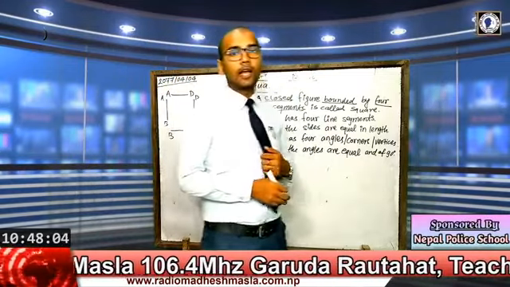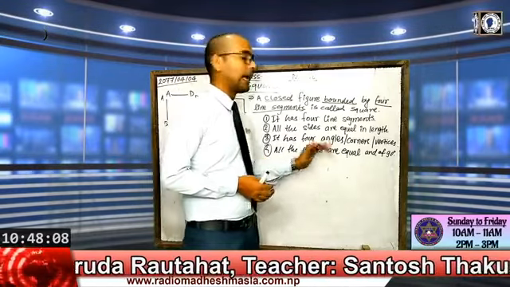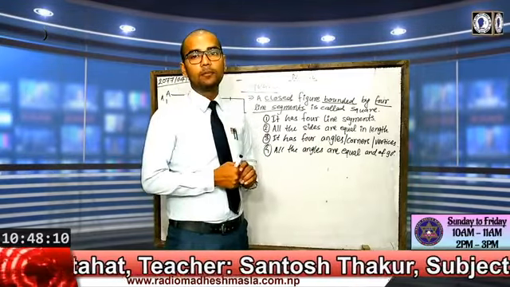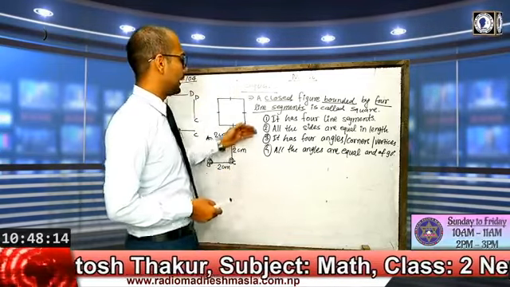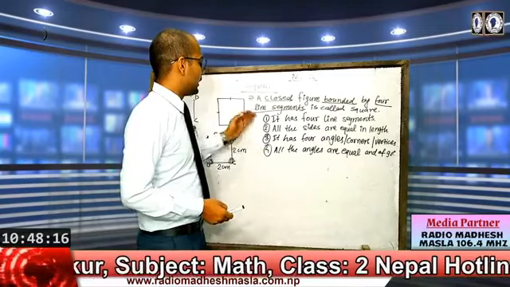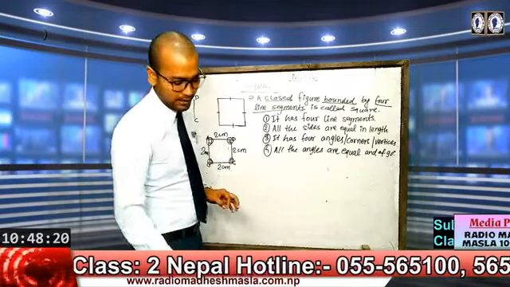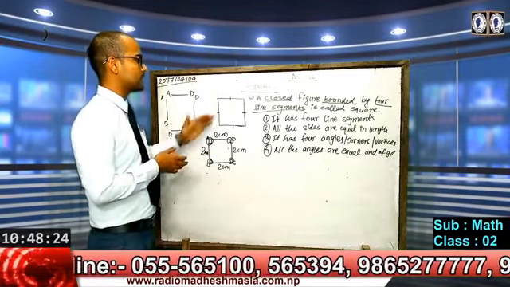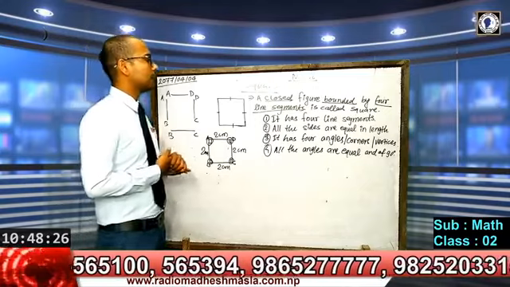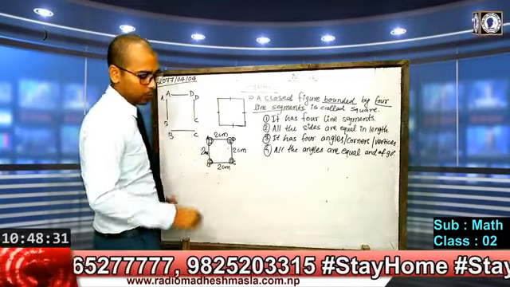So we can say that all its angles are equal and each of them is 90 degree. Yes, so here we have this much for properties. By this way I hope you will solve the different questions relating to the square, and now we are going to discuss the questions.